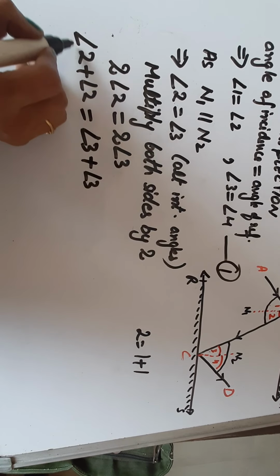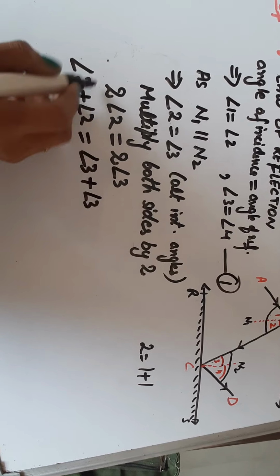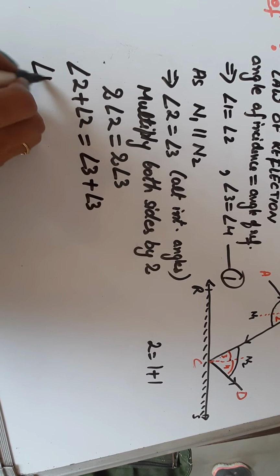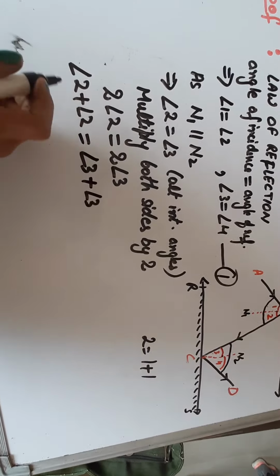Now we will replace angle 2 using angle 1. So in place of one angle 2 I write 1, because 1 and 2 are equal. So I'll replace this by 1 and write the other angle 2 as it is. Similarly we'll write one angle 3 as it is and replace another using angle 4, because these two are also equal, and we'll write the reason as using the first equation.